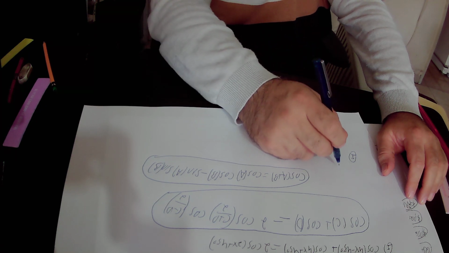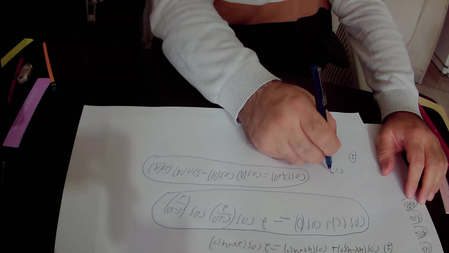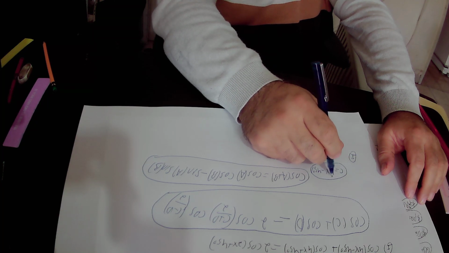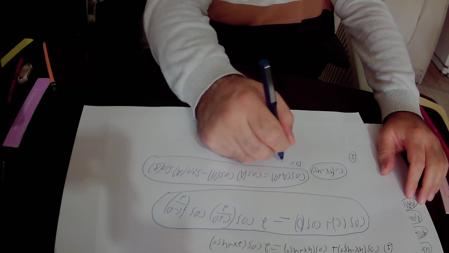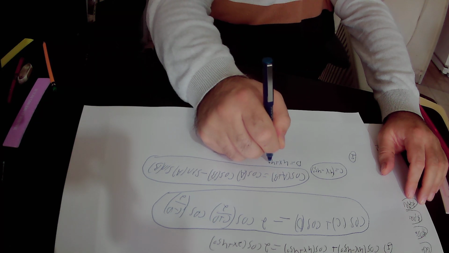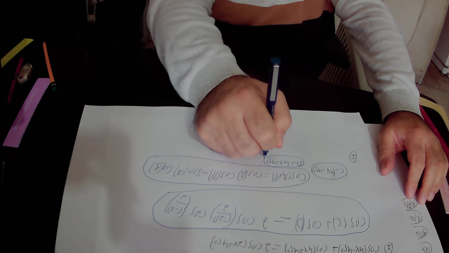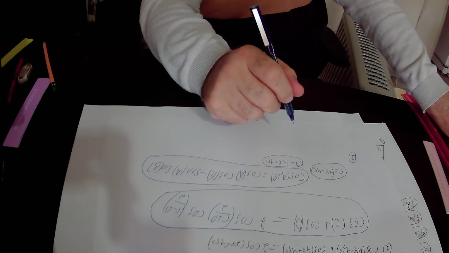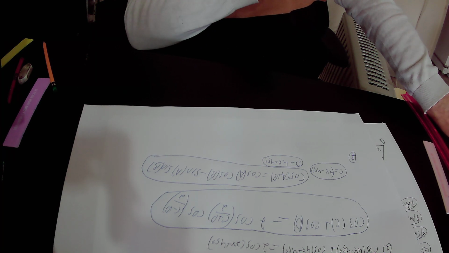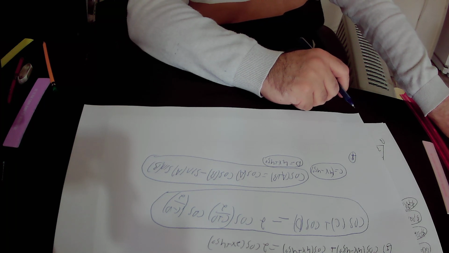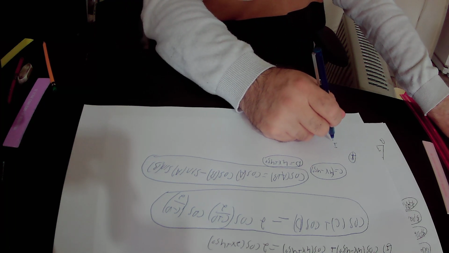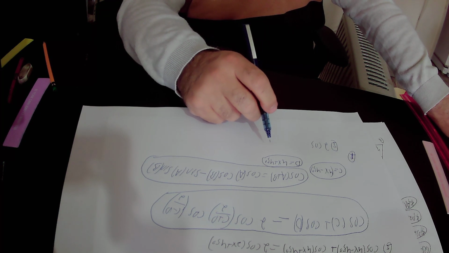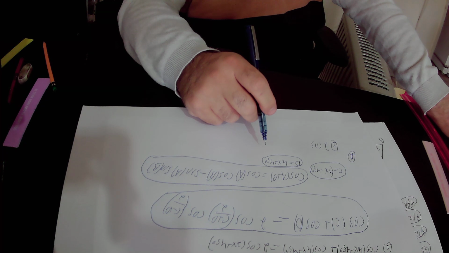First of all, here C equals 4x minus 45 degrees and D equals 4x plus 45 degrees.